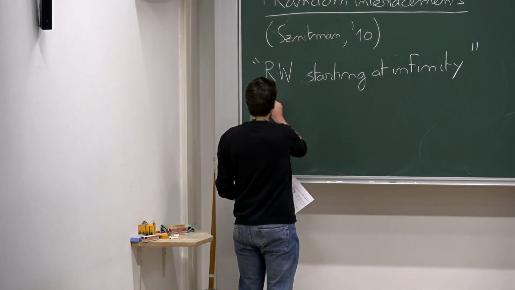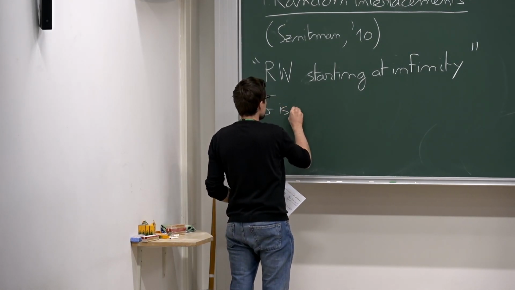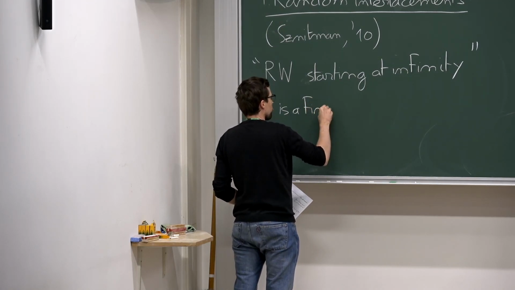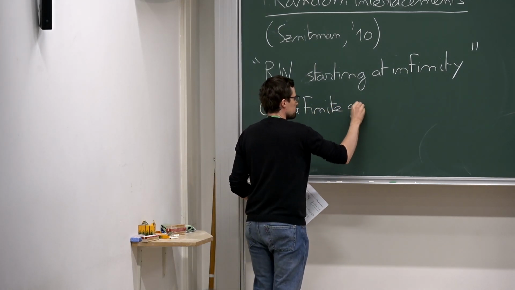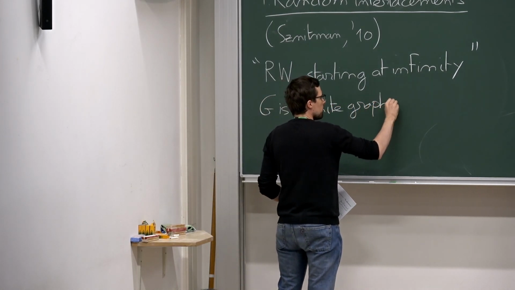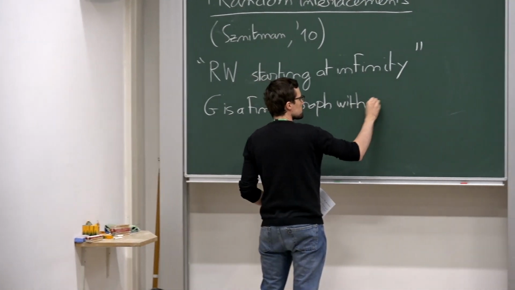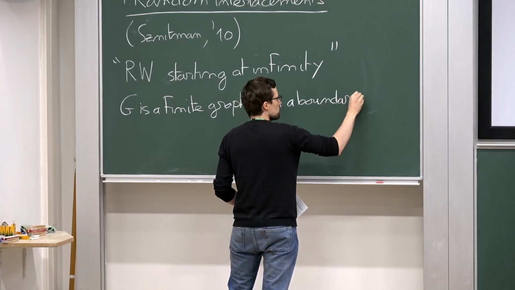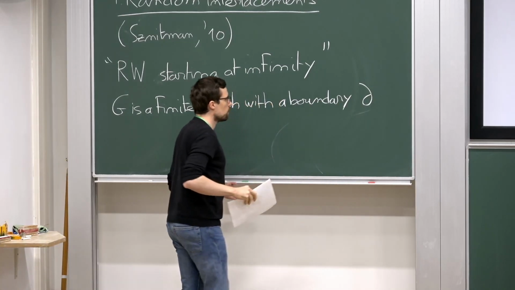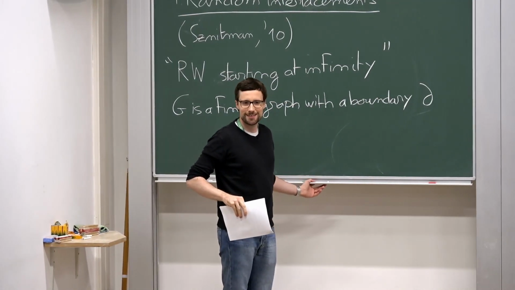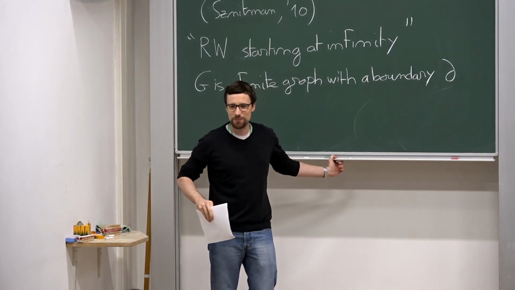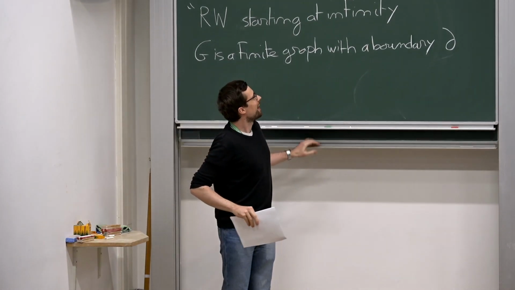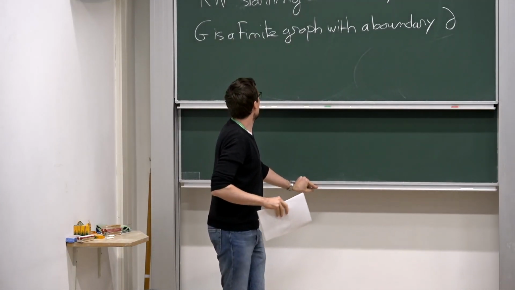So let's say G is now a finite graph, and let's say that some points are part of the boundary of the graph that you can choose. I call this boundary ∂G.